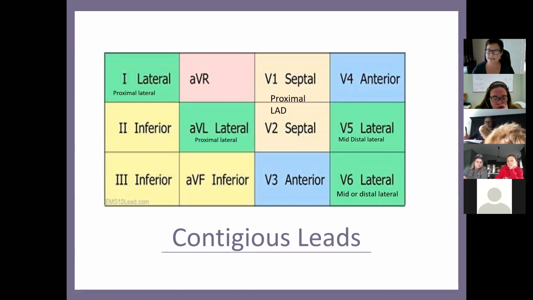So we divide these things up as contiguous leads, meaning leads that look at the same part of the heart. So tell me, 2, 3, and AVF are your inferior leads. Who is the blood vessel that feeds them? You have a 33% chance of getting it right. So type them in the chat box.